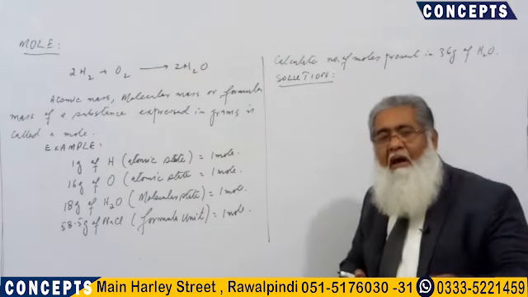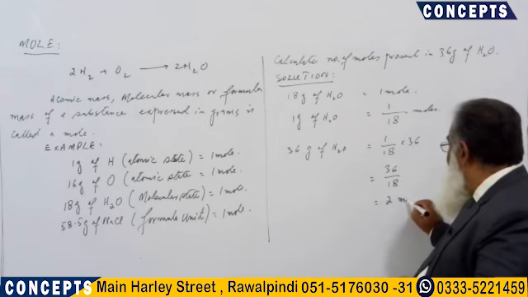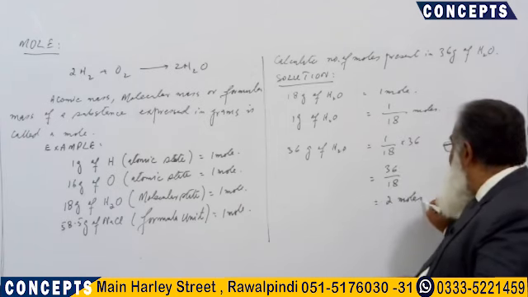18 grams of water is equal to a mole. 1 gram of water will be equal to 1 divided by 18 moles. And 36 grams of water will be equal to 1 by 18 into 36, or 36 by 18, which is equal to 2 moles.